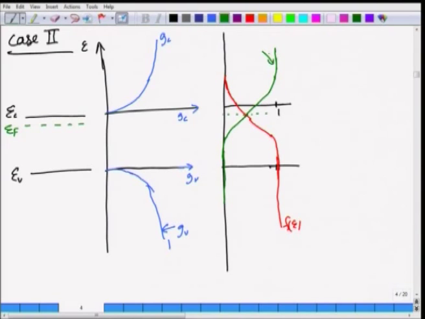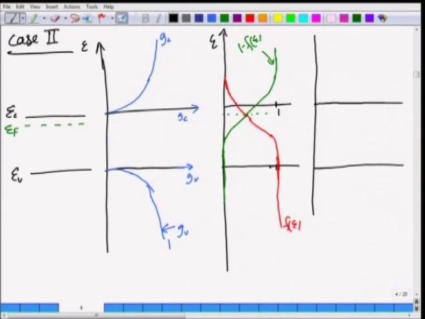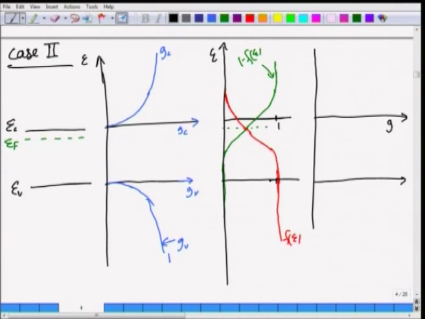This is 1 minus f of E. And now, if I plot on the same energy scale, on this we are plotting GC times f of E, and on this I want to plot 1 minus f of E times GV. That is what I am plotting.